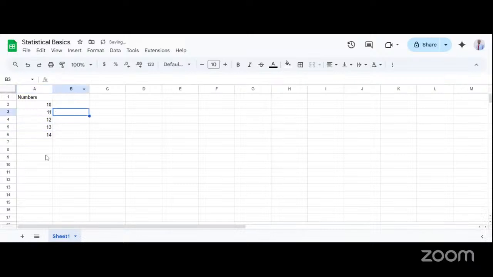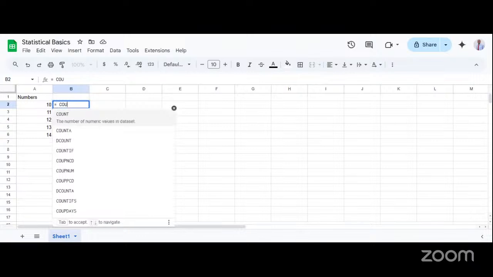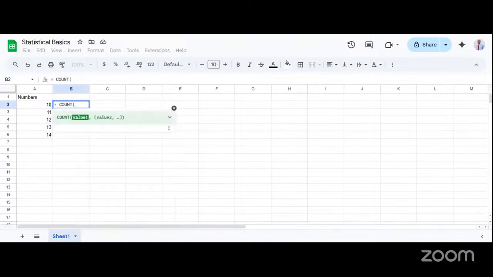So what is the number of data points we have here? The number of data points is the count of all the numbers occurring in that set. To do that, we can use the count function. We'd say count, open brackets, A2 to A6.